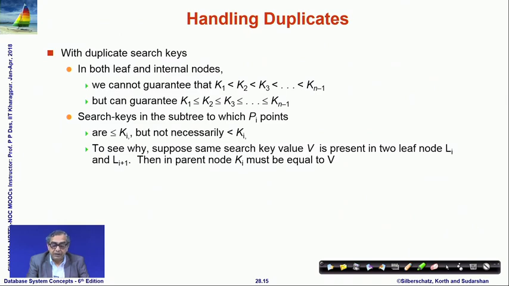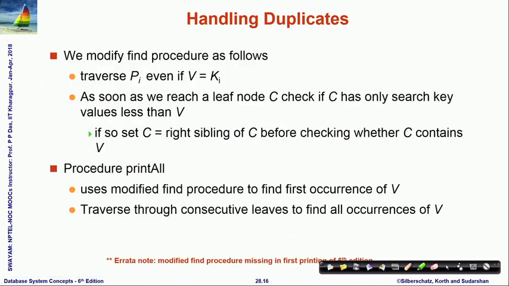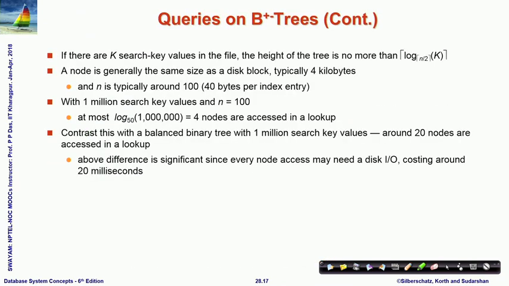The only difference is there could be multiple keys which are all equal, and if that happens, then you have to use the same key value present at the two leaf nodes, and the parent will also have the same value. So, in the case of such duplicates, we will have to modify the procedure a little bit for doing the search and, say, printing all values and so on. So, you could go through that.